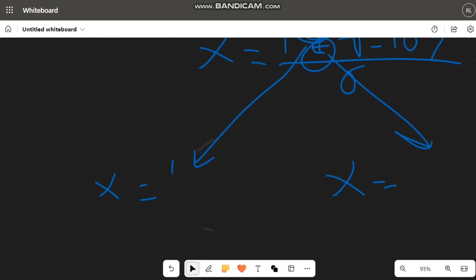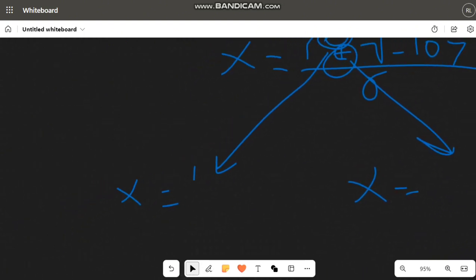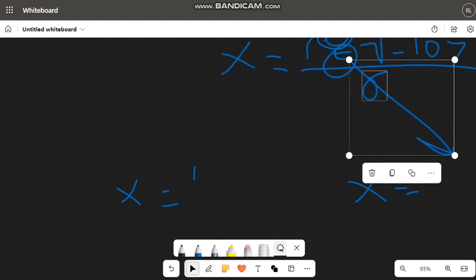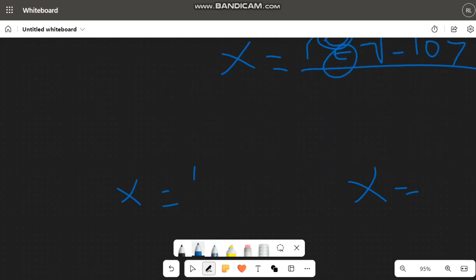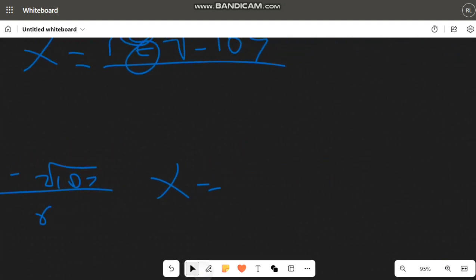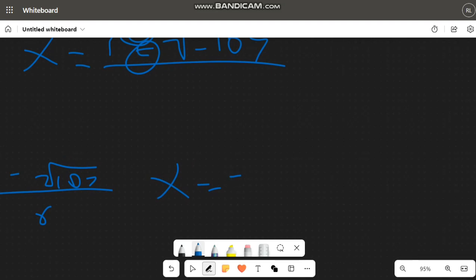So, okay, 1 minus square root of 107 over 6, and the other one would be 1 plus square root of 107 over 6.